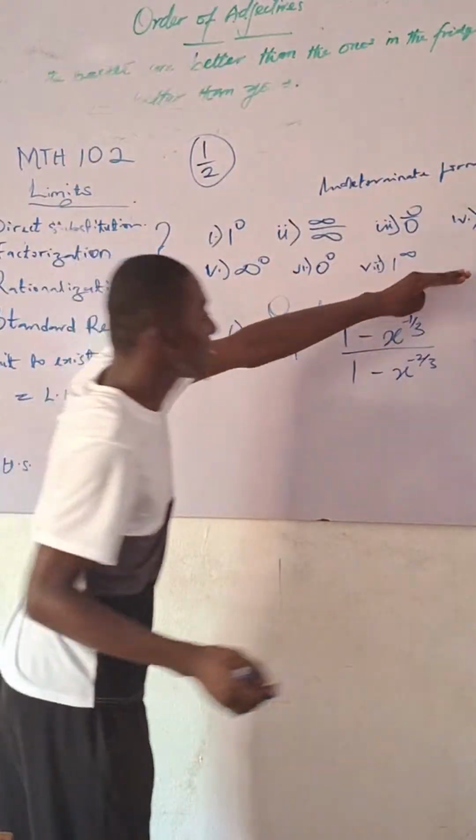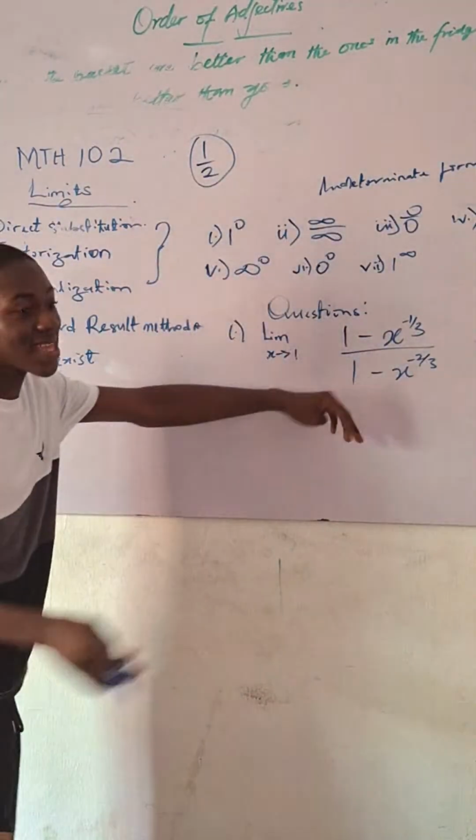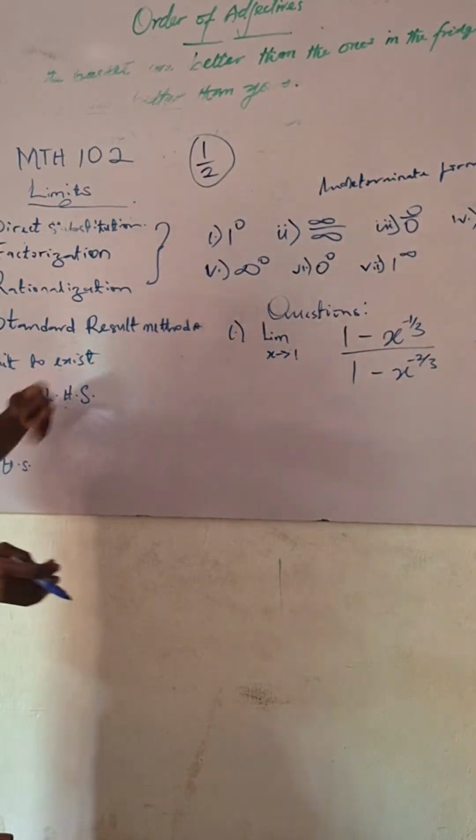If you get an indeterminate form, you have to look for a way to make sure that it is determined.